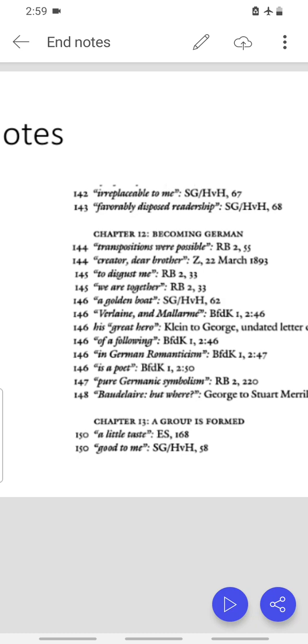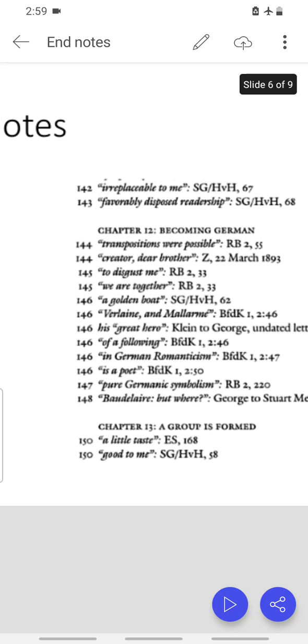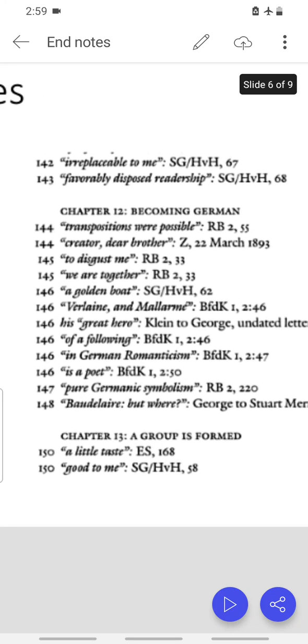In these endnotes the name of the book is written there, then some abbreviations are given here, and the year of publication is given here.